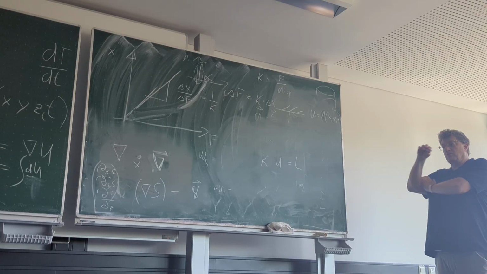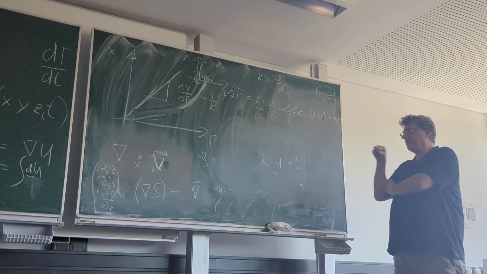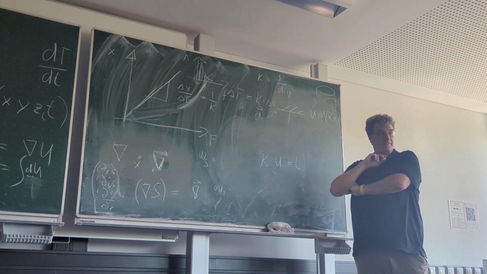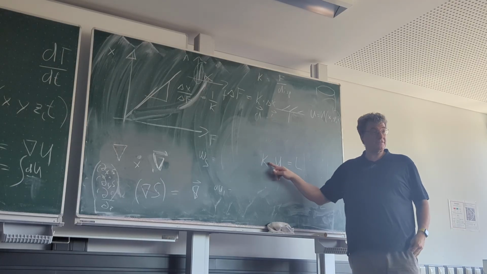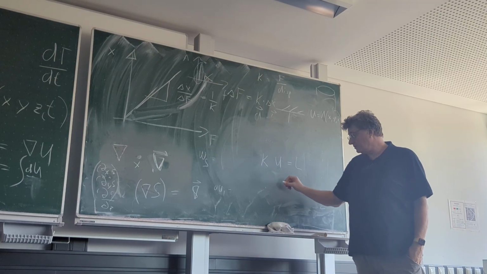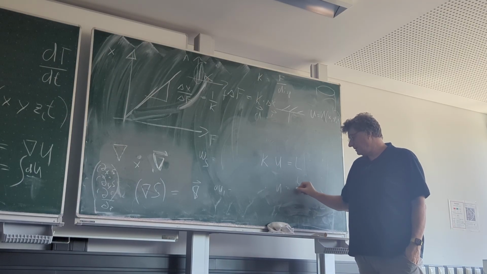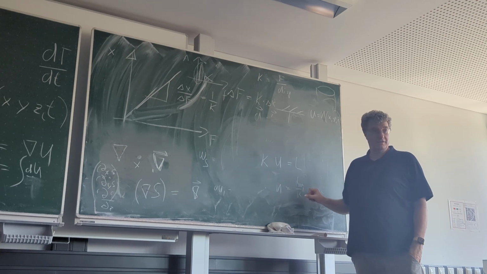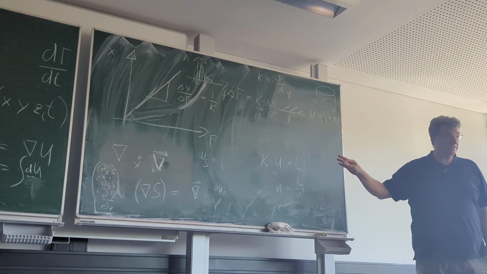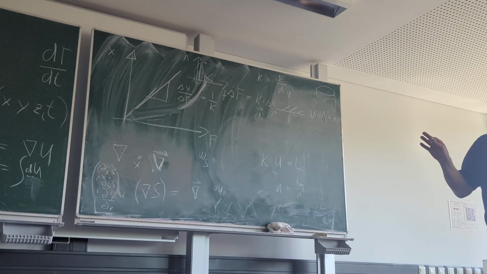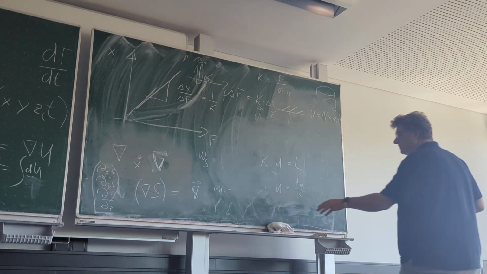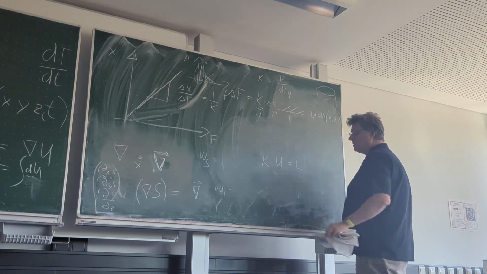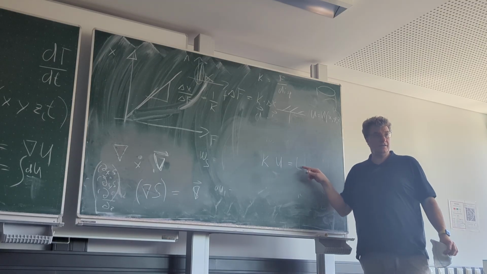If you have this equation, how could you solve for the unknown? I mean, if this would be just a number, you would divide by K, so you would say U is L over K. Yeah? But because it's a matrix, you cannot do it this way. What would you have to do to isolate U equals something?